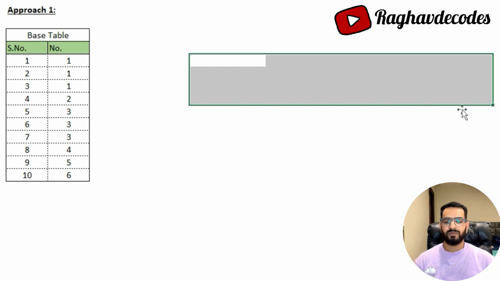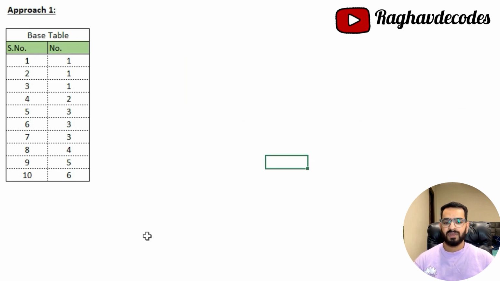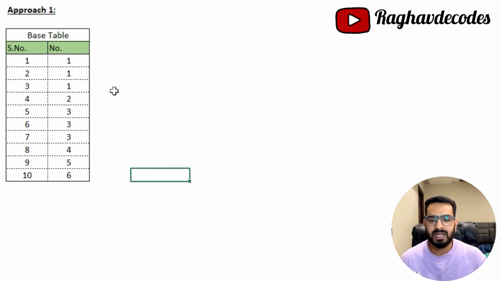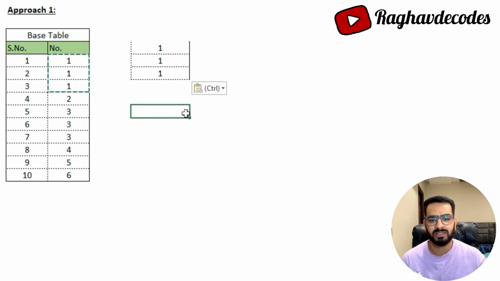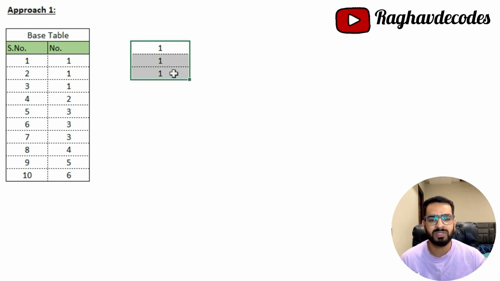So basically what we need to do in this is we have a base table. In this scenario, let's take a snippet here. Let's copy only 3 values and I'll paste them here. What we have to do is check whether all the 3 rows have the same value or not. In case of 3 consecutive numbers, we should have the same value across 3 rows.